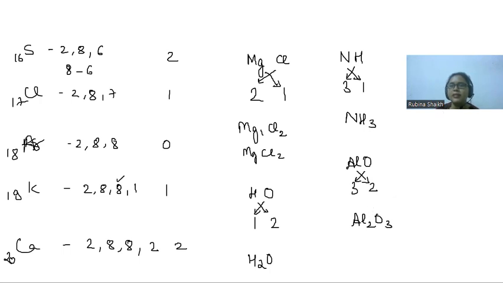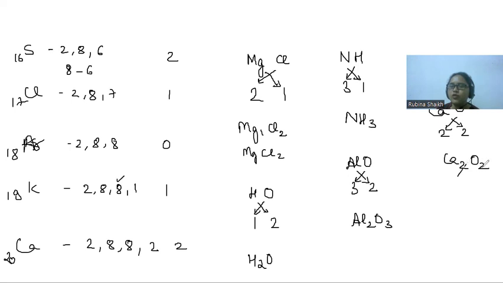Then I'll take a simple example, like suppose we have CaO. Calcium has valency 2, oxygen has valency 2. So we'll criss-cross and we'll get Ca2O2. Remember another thing also, the second point, that you will have to simplify it.